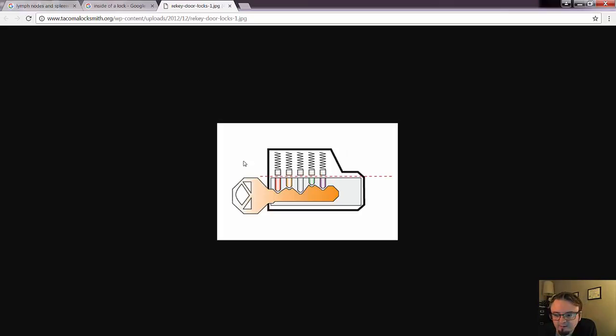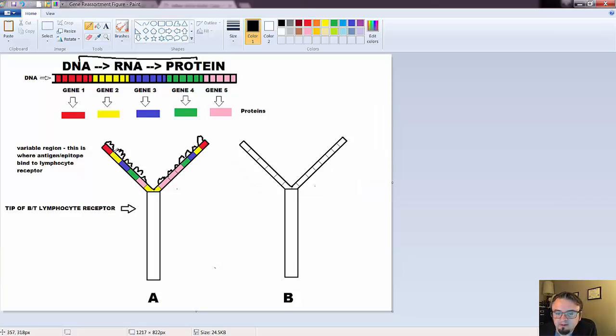Going back to my figure of a key, each one is contributing to that three-dimensional groove-like or lock-like pattern that the epitope or antigen is going to fit into. So each different protein gives a slightly different characterization for the shape, and by taking these different genes, we can create different sorts of three-dimensional patterns.